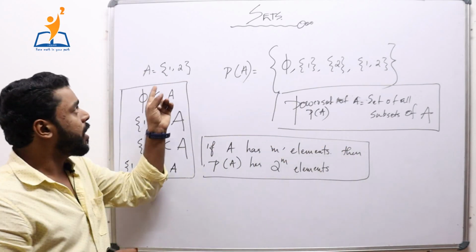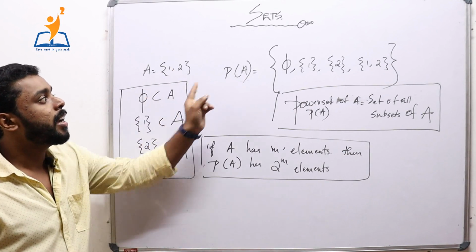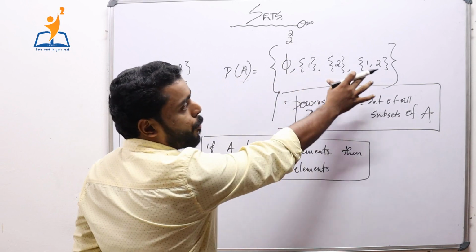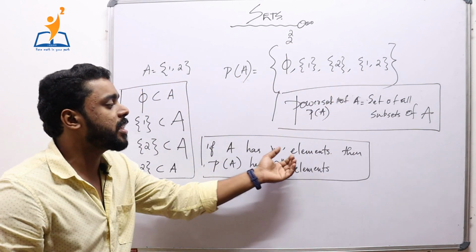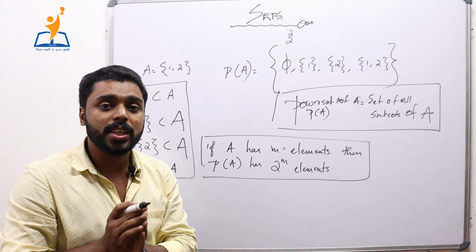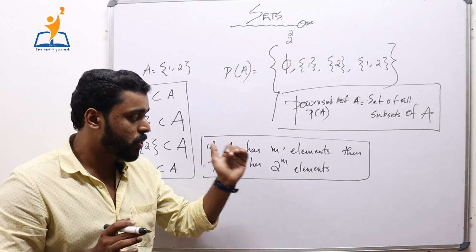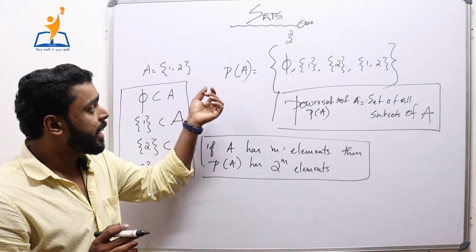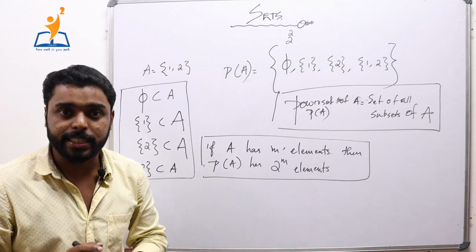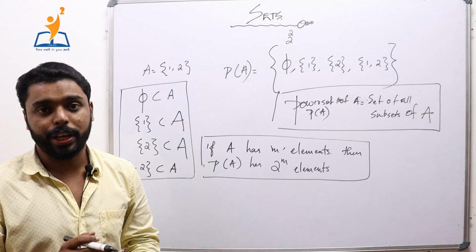So see here, if we have 2 elements in A, then power set of A has 2 raised to 2 elements, which is 4. So whenever A has m elements, power set of A, that is the set of all subsets of A, has 2 raised to m elements, which means that if A has m elements in it, then the number of subsets of A is nothing but 2 raised to m.